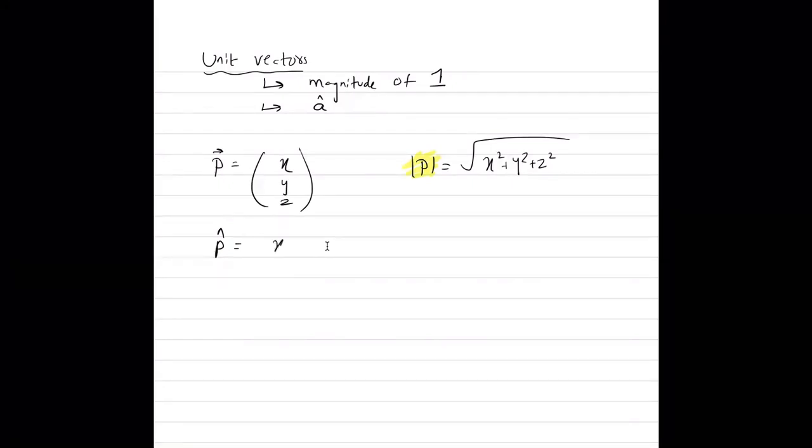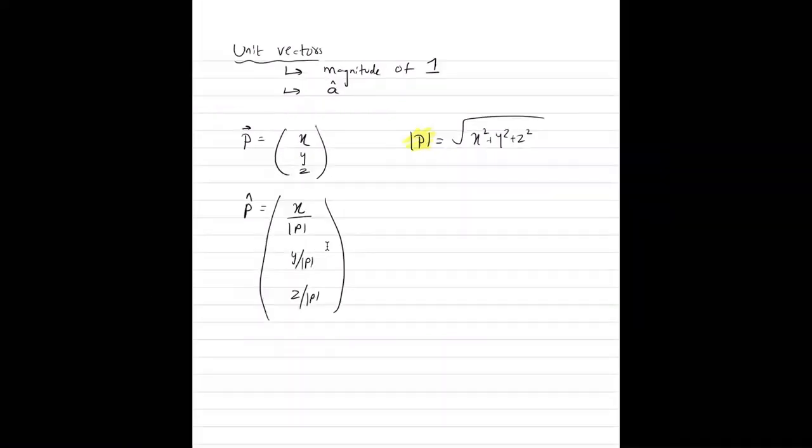So the x component is divided by the magnitude, the y component is divided by the magnitude, and the z component is divided by the magnitude of p. The resulting vector is called the unit vector.